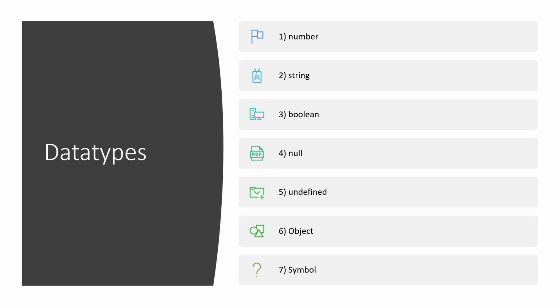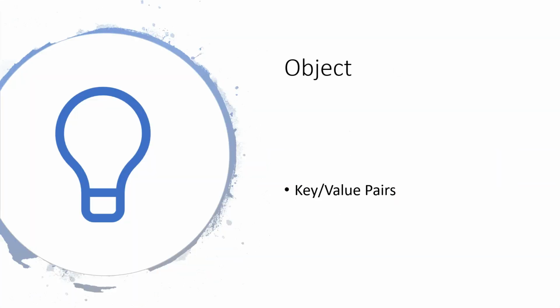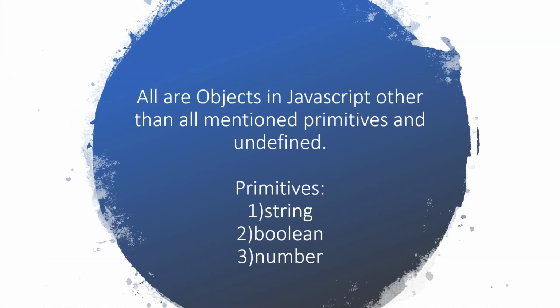It is a big topic, so I can cover it in a separate session. This is what we saw in this session: we saw undefined and null, and we also saw object, and we understood that all are objects in JavaScript other than primitives and undefined. Hope you understood.